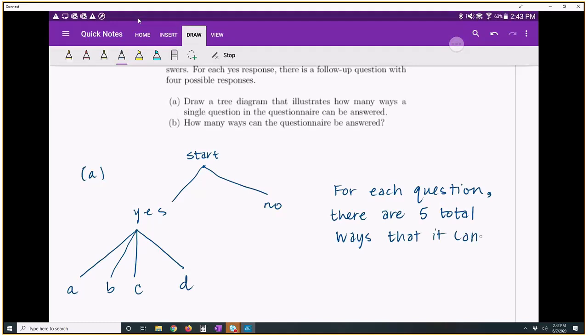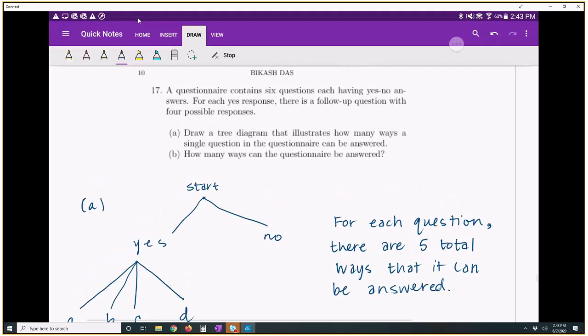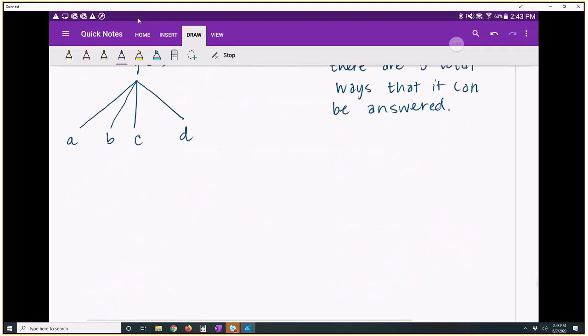And then part B asks us, how many ways can the questionnaire be answered? And we were told that there are 6 questions in the questionnaire. And we found out there were 5 ways to answer each question. So there are 5 to the power 6 many ways to answer the questionnaire.